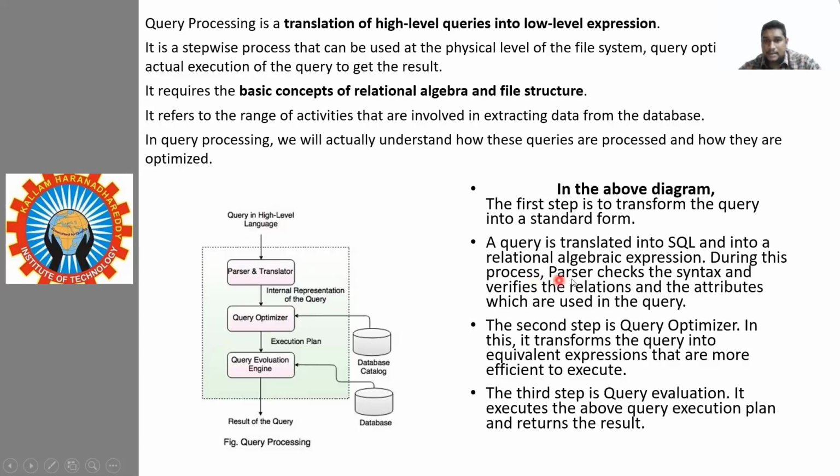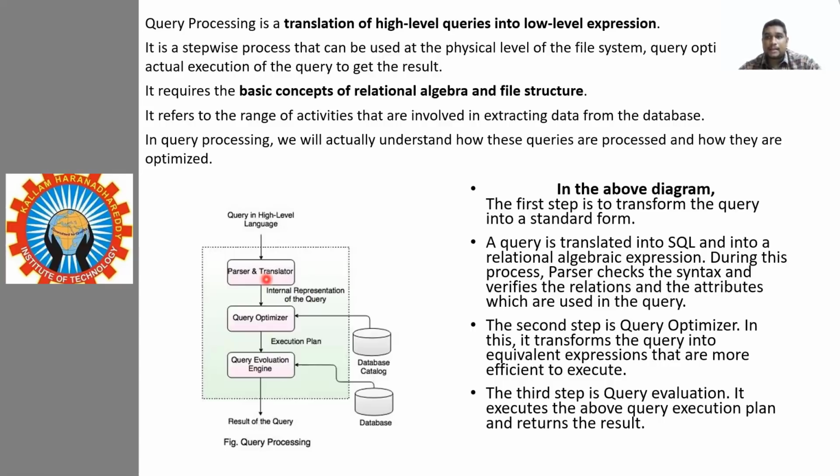During this process, the parser checks the syntax and verifies the relations and the attributes which are used in the query. Once the SQL is converted into relational algebra, the parser's task is to check whether the expression we are giving is valid in syntax and semantics.